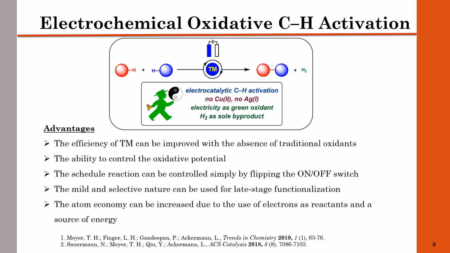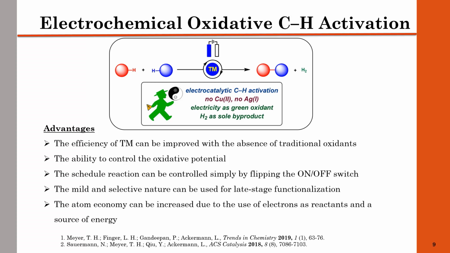If we use mild conditions, we can minimize side reactions and also waste generation. That is one other advantage of electrochemical CH activation. We are also using the electron as a reactant and source of energy, so we can increase atom economy. When we consider industrial scale development, we have to consider those kinds of things.